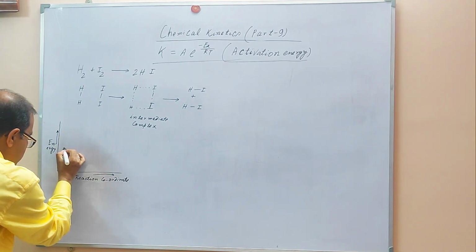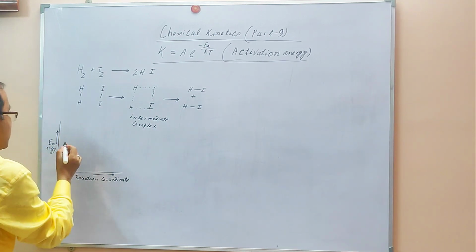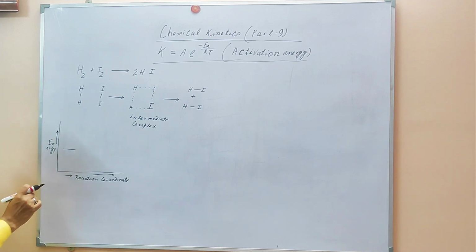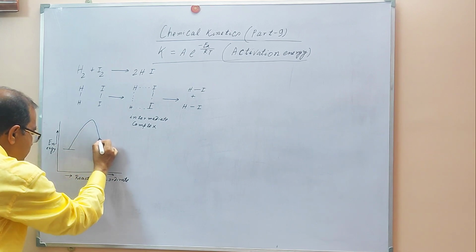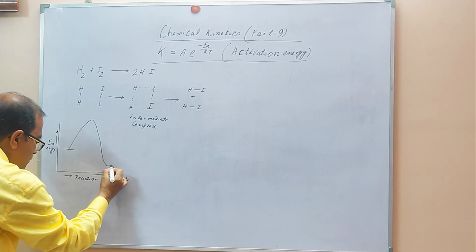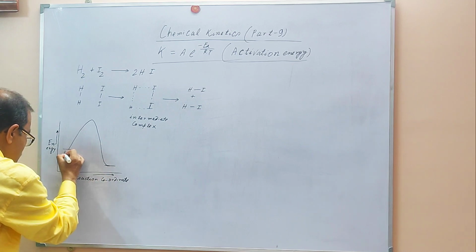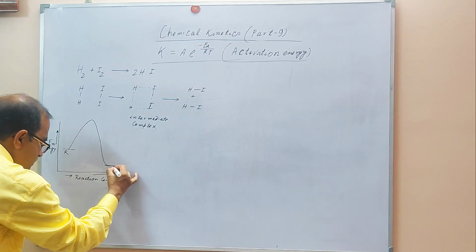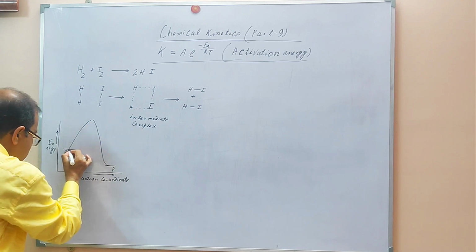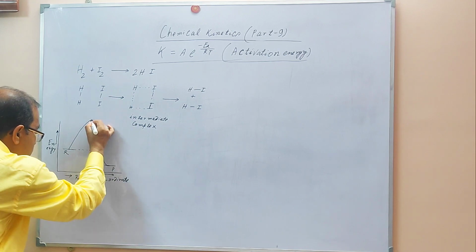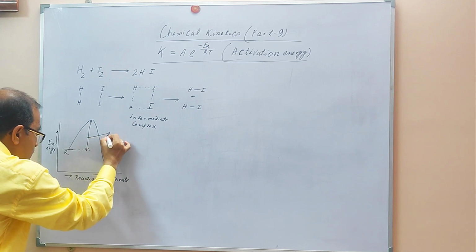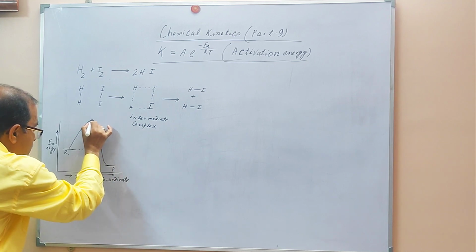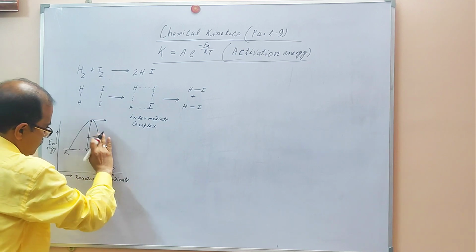Here you can see this is the reactant, having some energy, and it will form an intermediate and then this product. So this is the reactant, this is the product, and in between this is the intermediate complex.